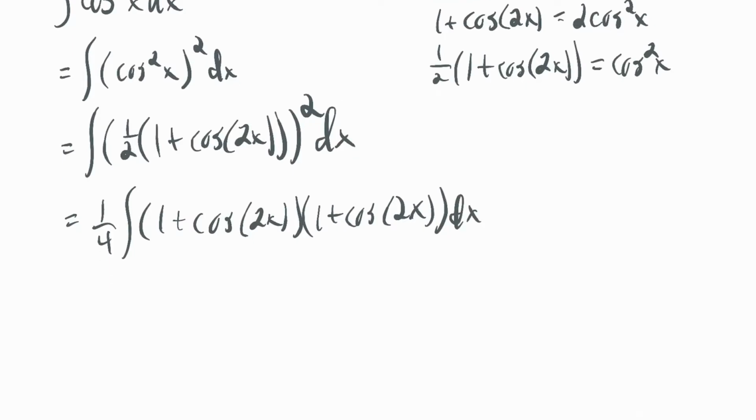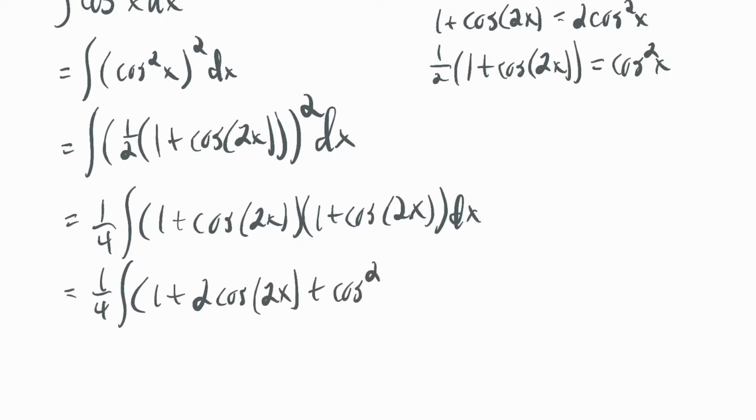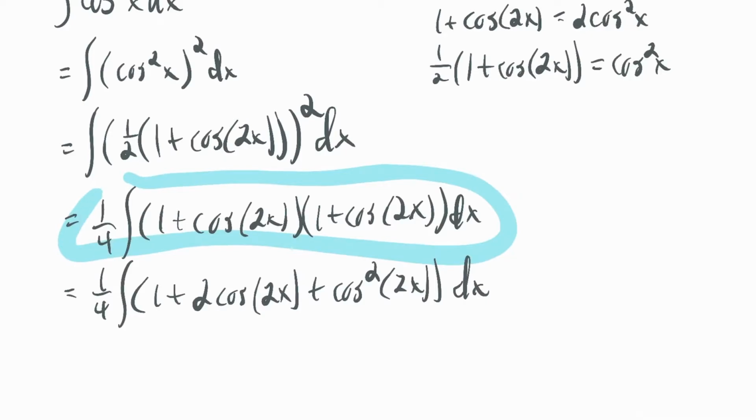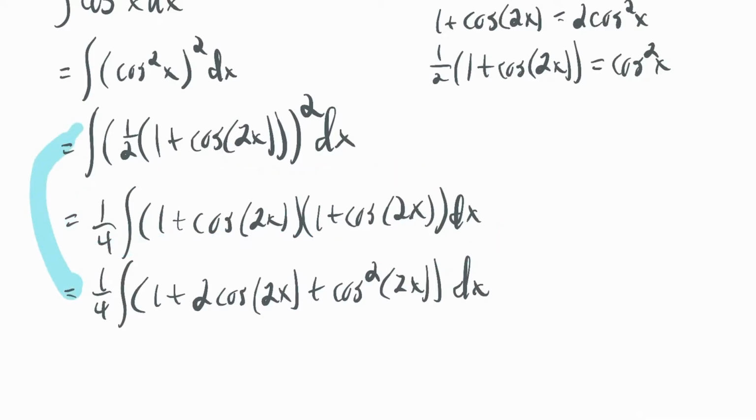So this will be 1/4 times 1 plus 2 cosine 2x plus cosine squared 2x dx. I probably could have left this step out and gone from here to here, but that's fine.